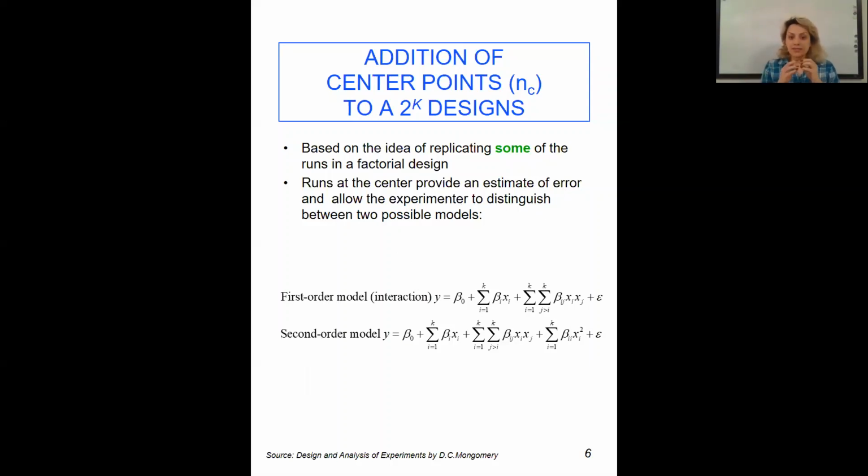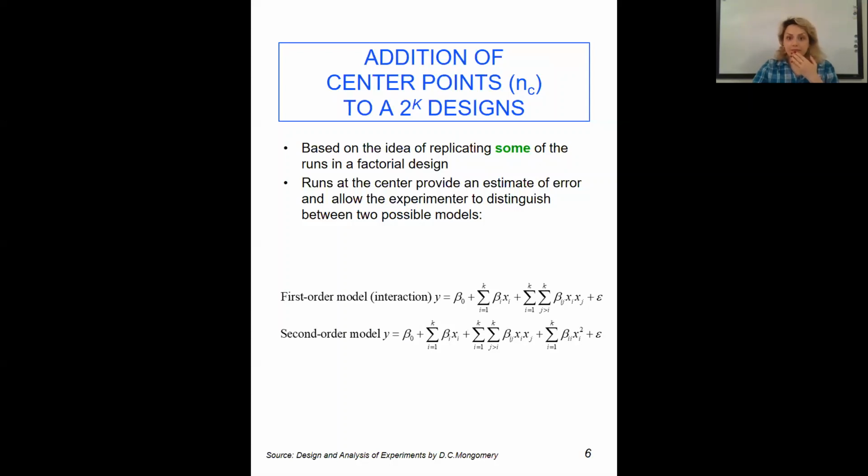But how can we make sure that our second order model is a better fit, compared to our first order model, for this set of data that we have? The only difference between them is this curvature term, the x to the power of 2. So there should be some connection between them.